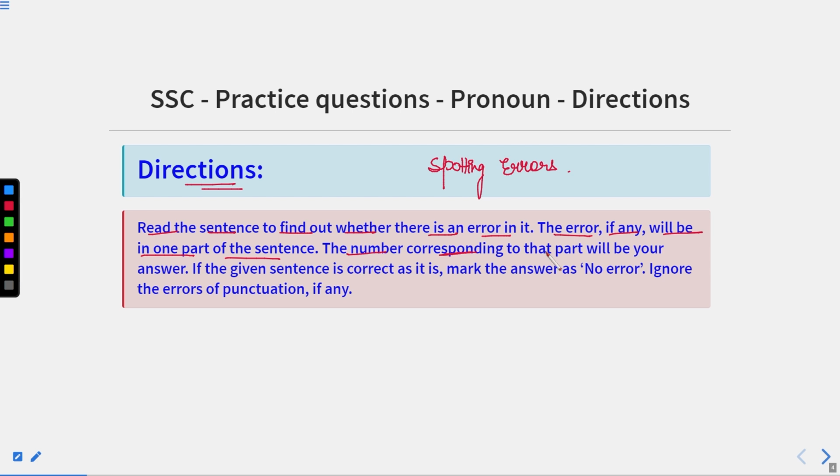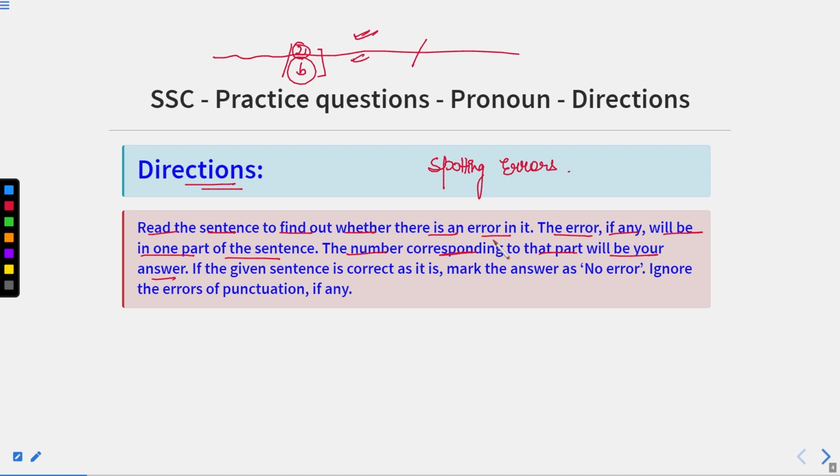The number corresponding to that part will be your answer. Suppose this is the sentence and it has been divided into A, B and C parts. Now if you find the error in the second part, here may be possible B number is given. So whatever number is given over here, that number will be your answer, because this part contains the grammatical error.